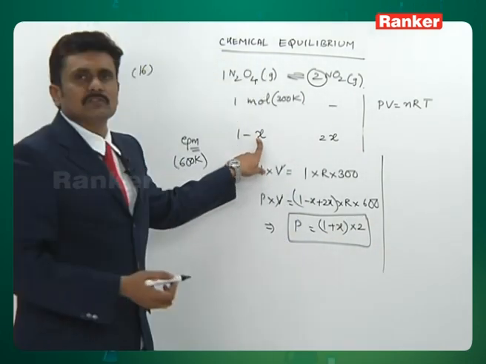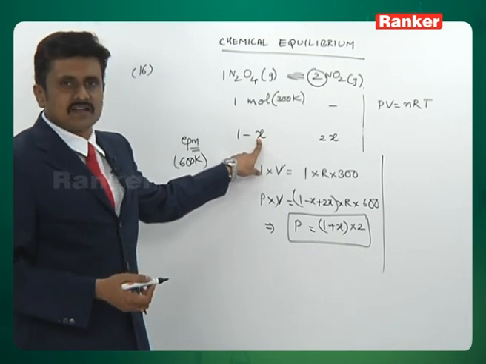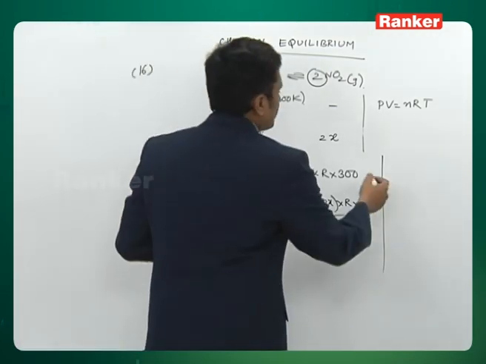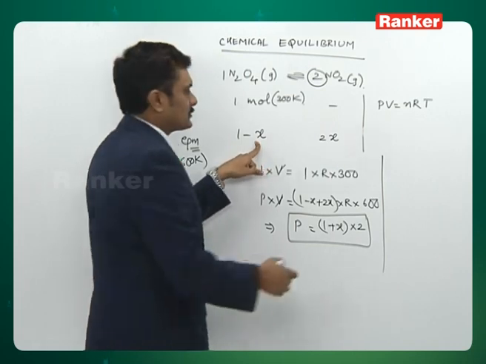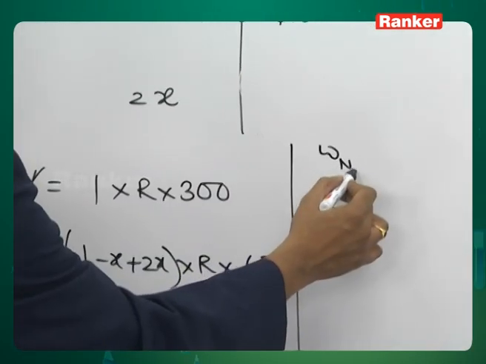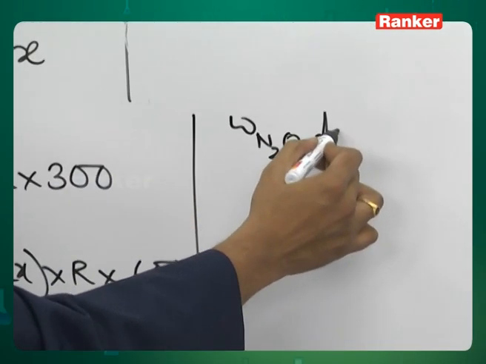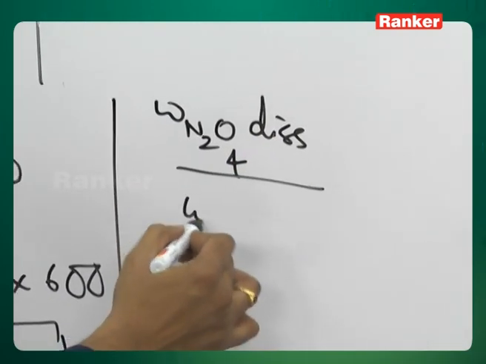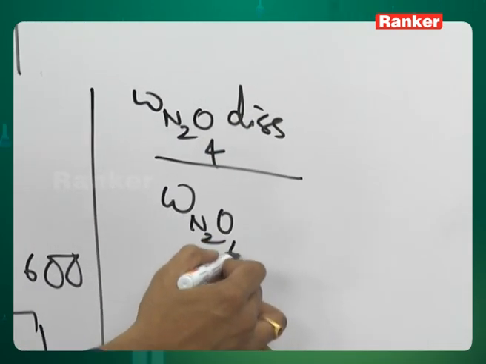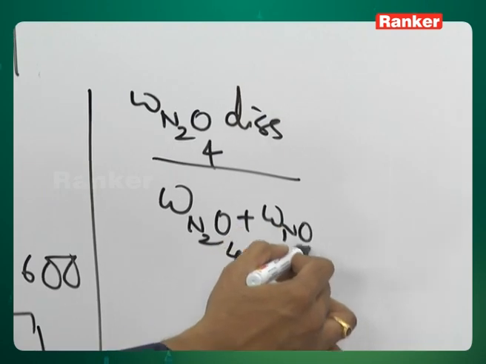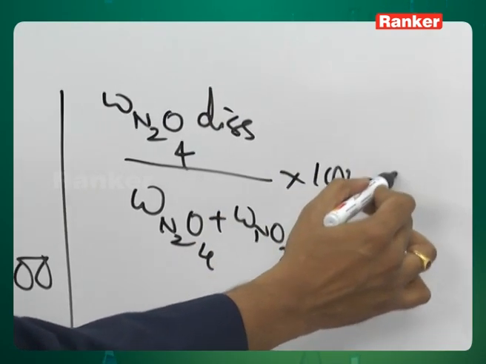Now the number of moles of N2O4 dissociated is x. So the mass of N2O4 dissociated, because it is given that the weight of N2O4 dissociated divided by the total weight, that is the weight of N2O4 and weight of NO2, into 100 is 20.